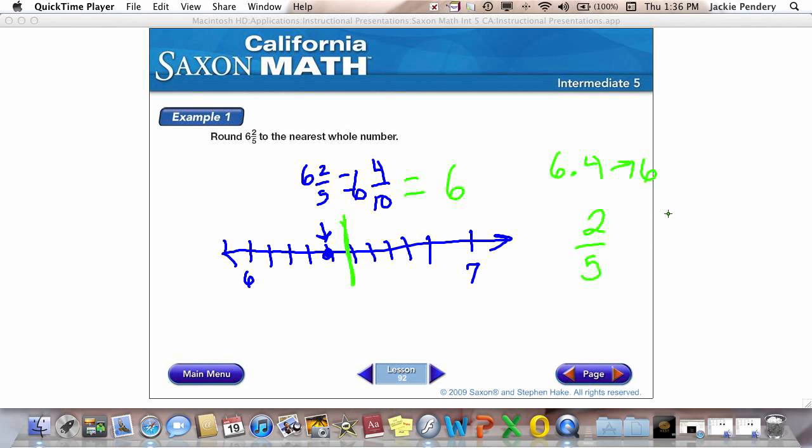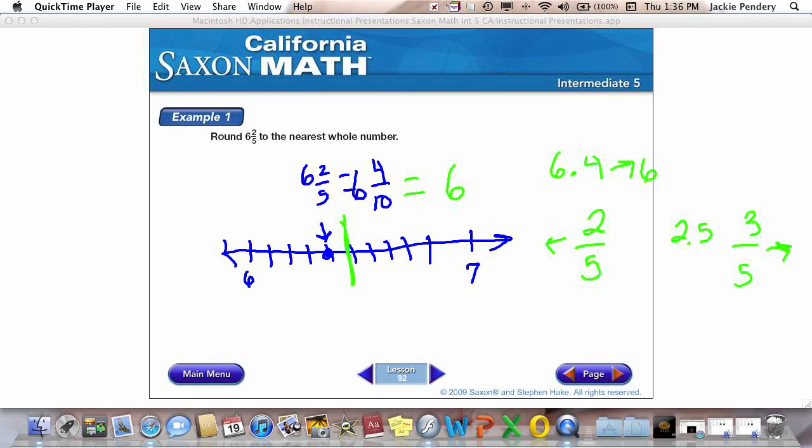Since half of 5 is actually 2.5, I know that 2/5 is less, so this has to be rounded down.